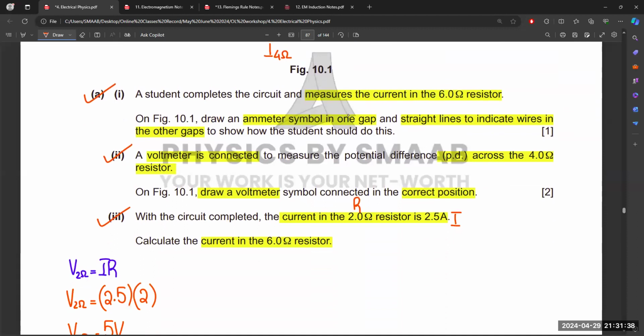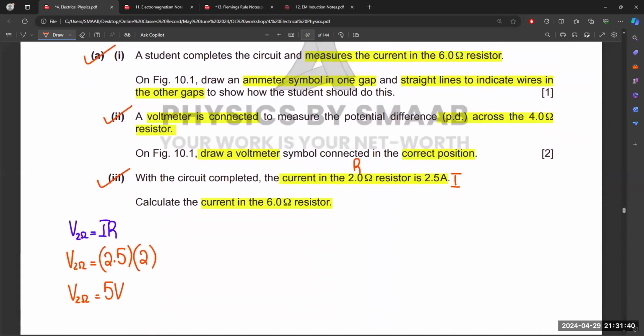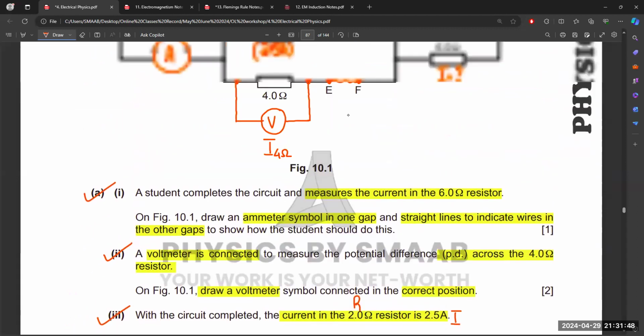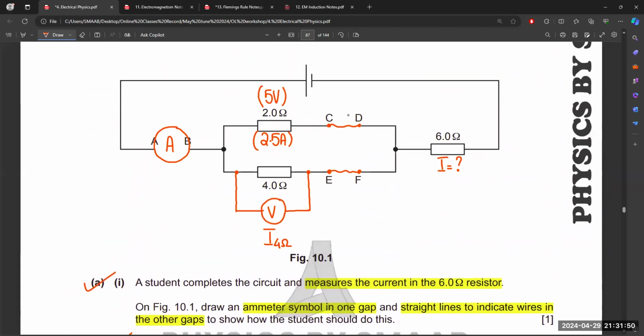The current is 2.5, 5 volts is the voltage. And the total resistance of these two resistors, in parallel combination, is 1 over 2, 1 over 4. So we can also find out the total resistance to find out the value of electric current passing through their combined value.